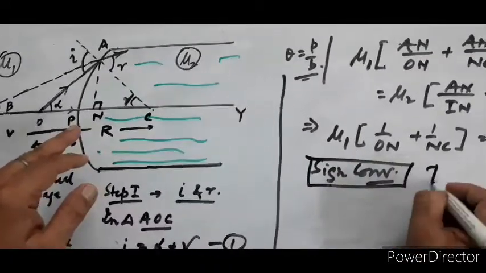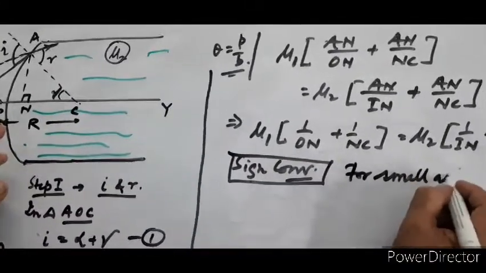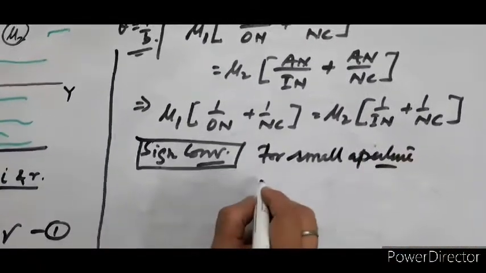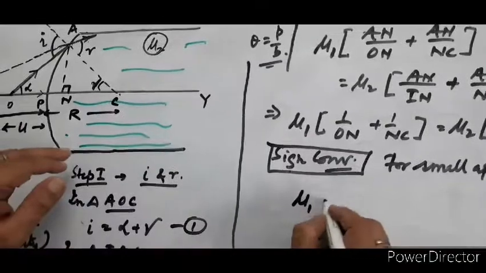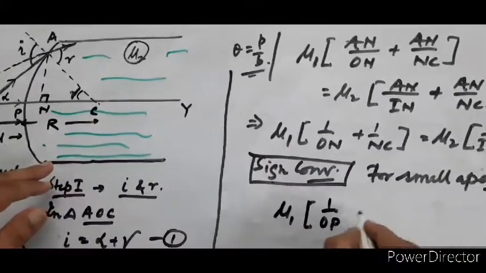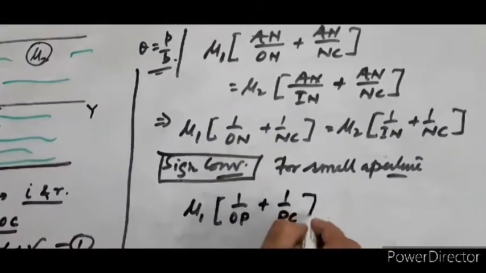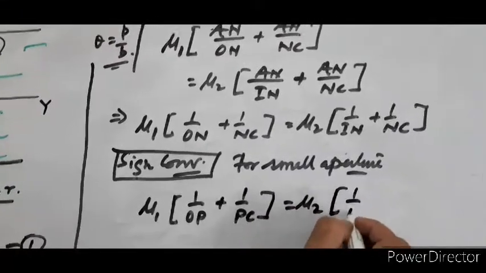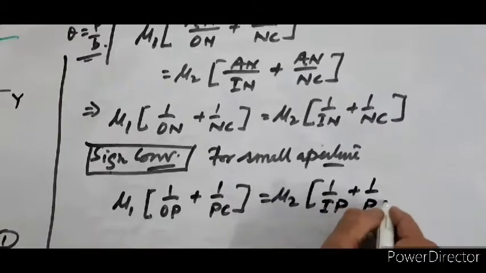So for small aperture, better is to write N becomes P. So mu1 times 1 by OP plus 1 by PC is equal to mu2 times 1 by IP plus 1 by PC.